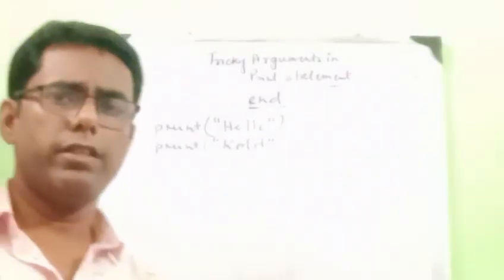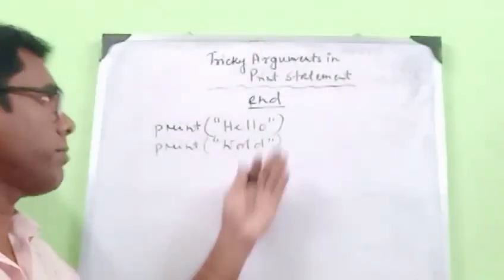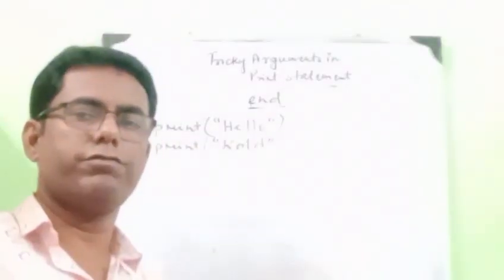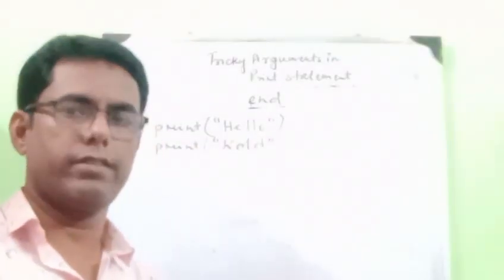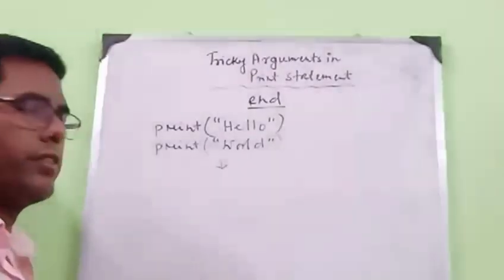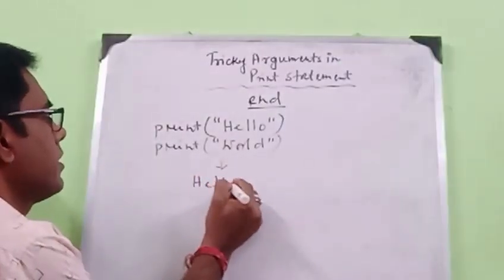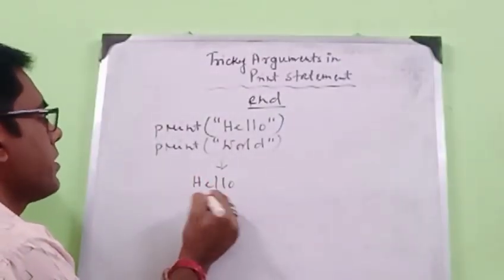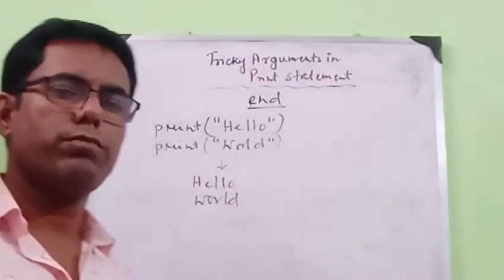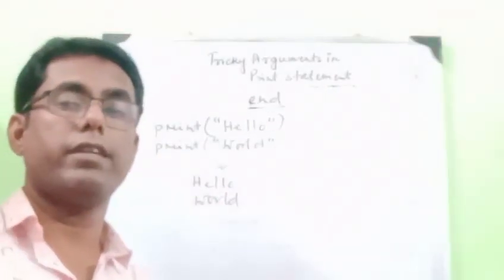Now normally the behavior of the print function is that after printing a particular line it will move the cursor into the new line. So if you execute the program, the output will be generated in separate lines. This will be the output of normal print statements.